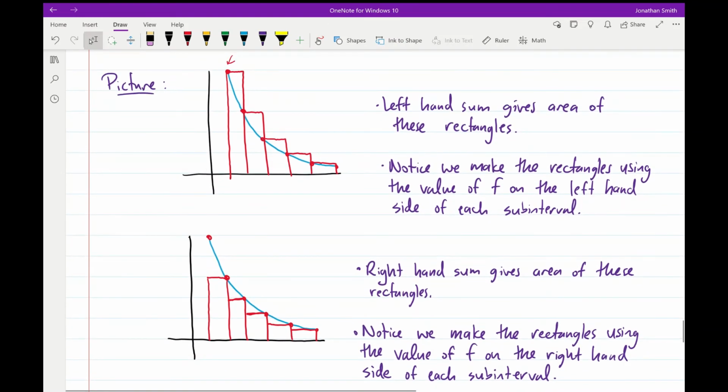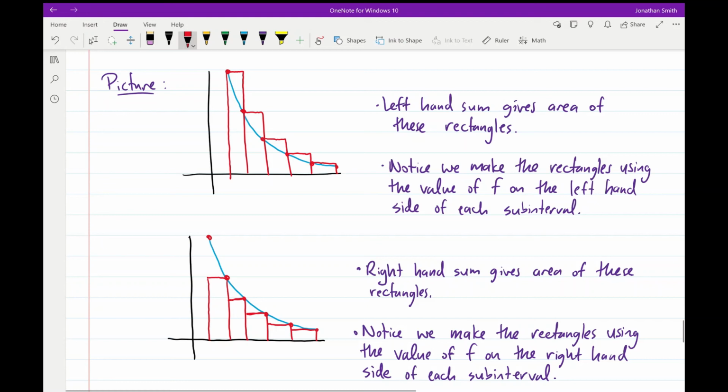So here are the accompanying pictures of what's going on. So in this first picture, I have the left-hand sum. So we have our function, which is blue. That's going to be f of t. And I've broken this interval up into a bunch of smaller subintervals. I think 5. Yeah, 5 subintervals in this case.